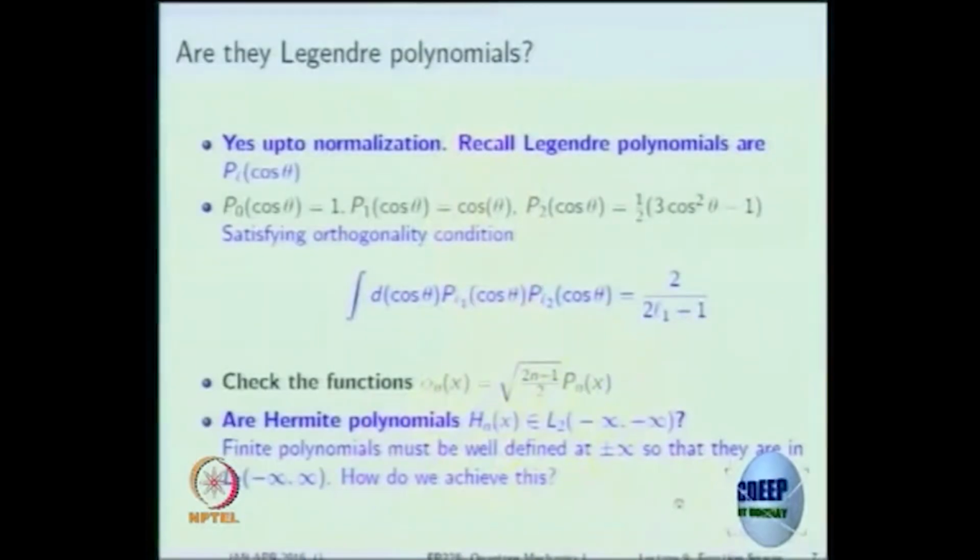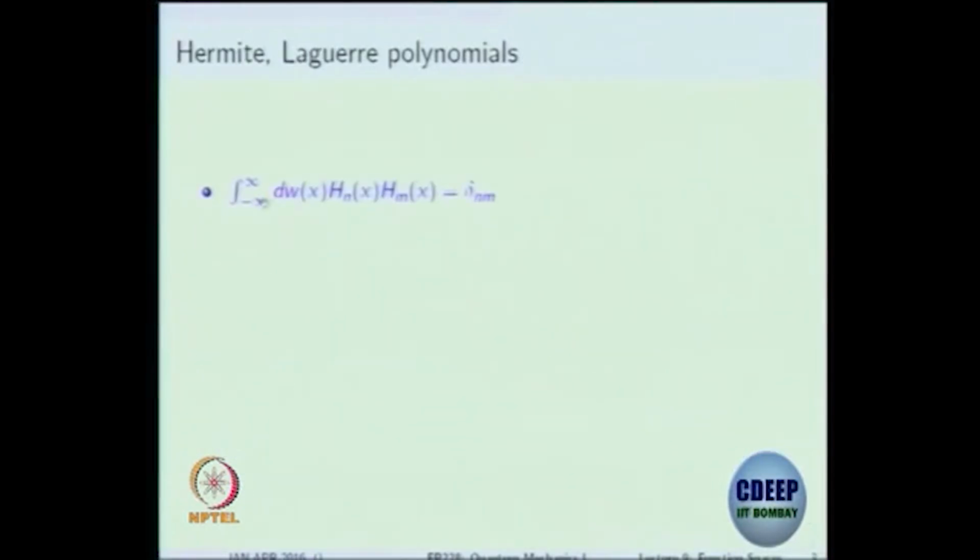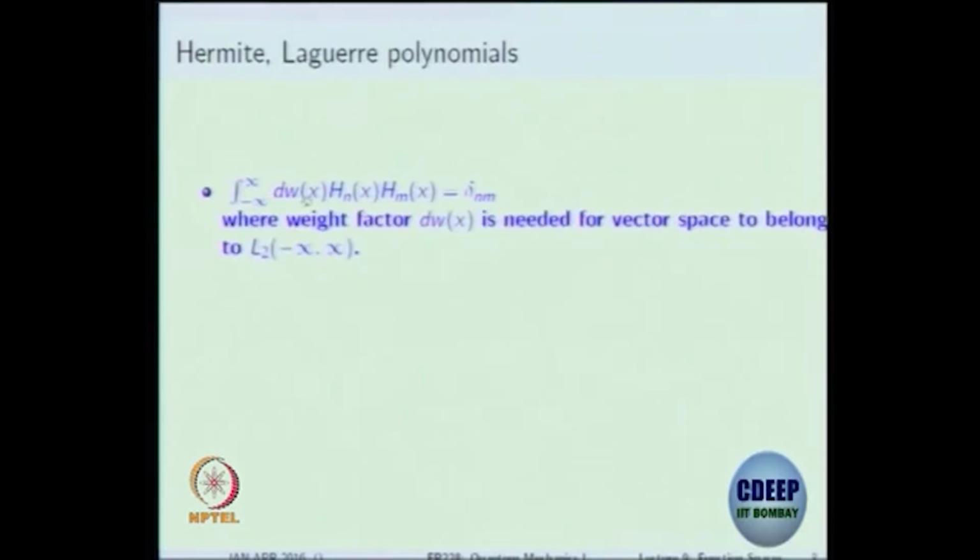How do you achieve this? This is where you put a weight factor. Instead of just blindly stating the orthogonality condition between the functions, you need to integrate over a weighted dx, so that they belong to the square integrable functions.